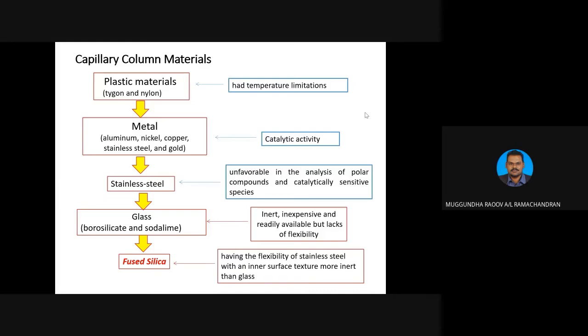Therefore, glass, for example borosilicate or soda lime, is inert, inexpensive, and readily available, but lacks flexibility. Therefore, the capillary column material found to be the good one is fused silica, because it has the flexibility of stainless steel with an inner surface that is more inert than glass. So class, in most cases we use the fused silica capillary column for GC separation.